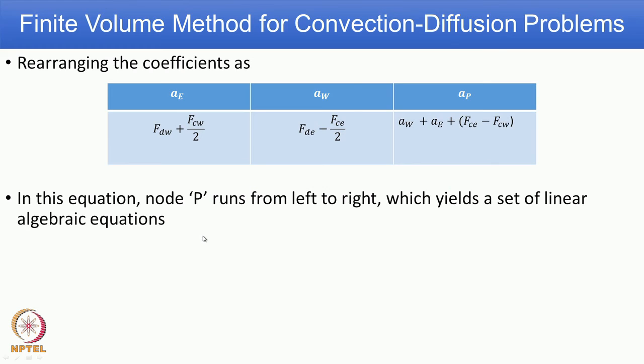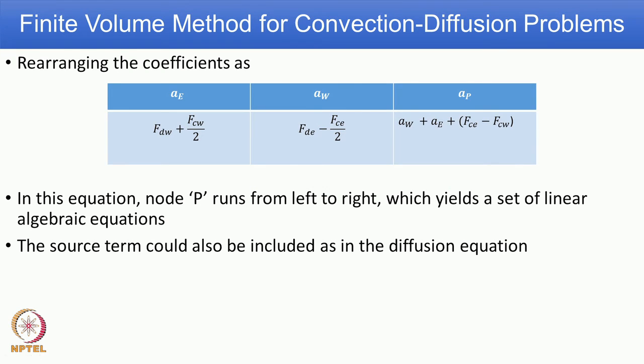If you do so, you will get a set of linear algebraic equations, and then you need a procedure for inverting the matrix. For the example illustration we have considered no source term, but it is possible to include one, and that source term will go as a known term to the right side of the equation.